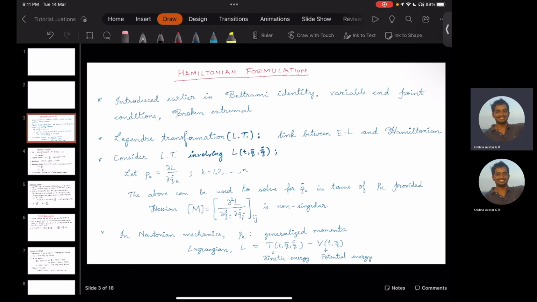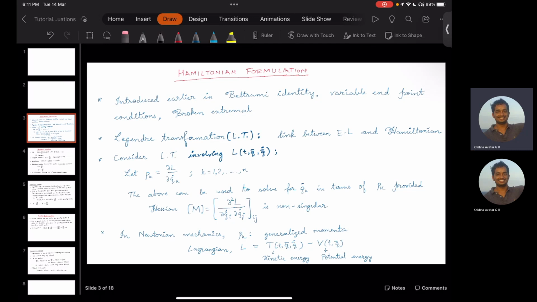As you recall from the last tutorial session, the concept of Hamiltonian has been introduced earlier in this course in various forms, such as the Beltrami identity, variable endpoint conditions, and also in Broken extremals. So right now we would be making a connection between the Euler-Lagrange equations that we had derived and the Hamiltonian that we're going to discuss further.